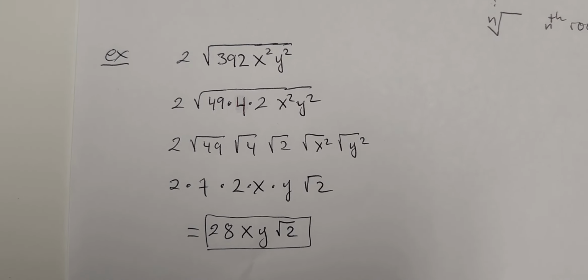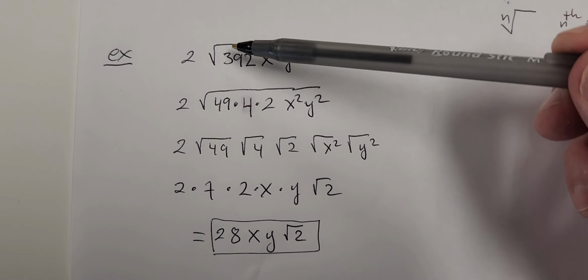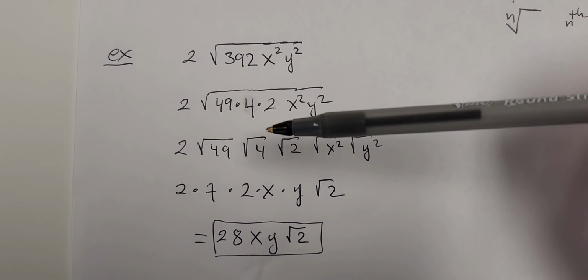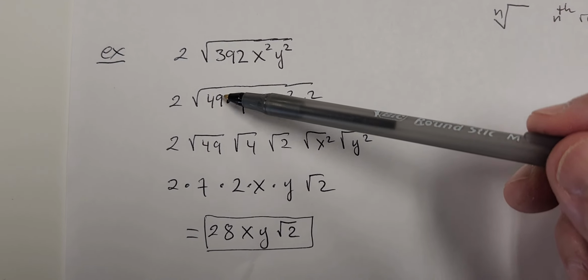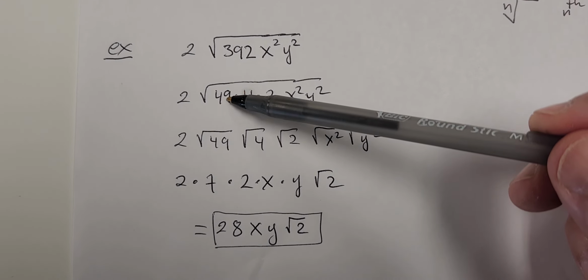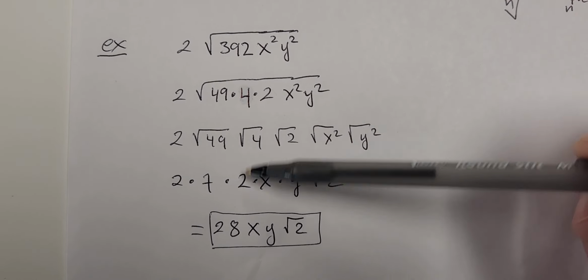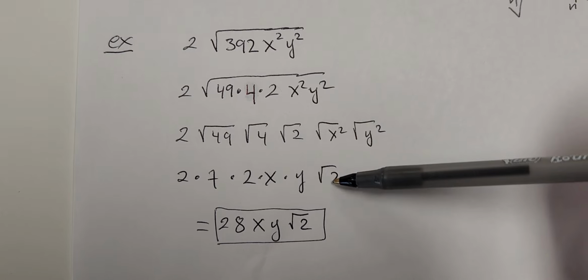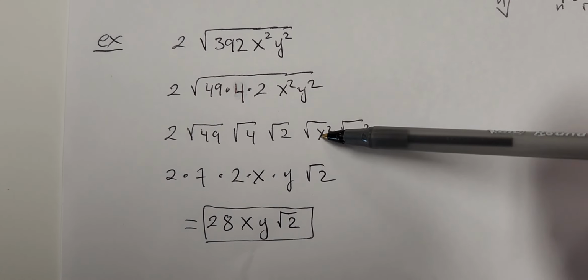Okay, so one more time, find the numbers that multiply to give me 392. However, the numbers that we multiply must be square-rootable. So 49 can be square rooted, 4 can be square rooted, this 2 cannot be square rooted, leave it alone. Separate this x squared into here.